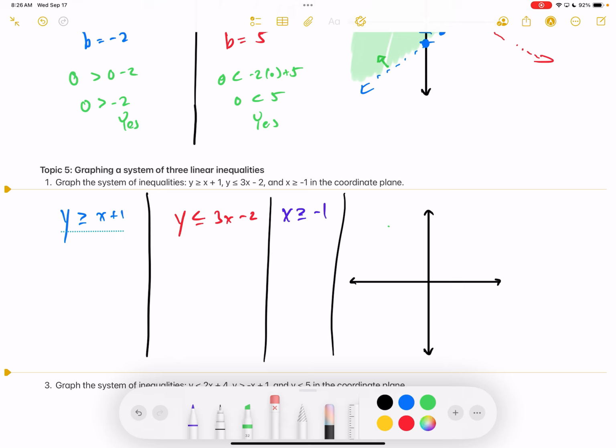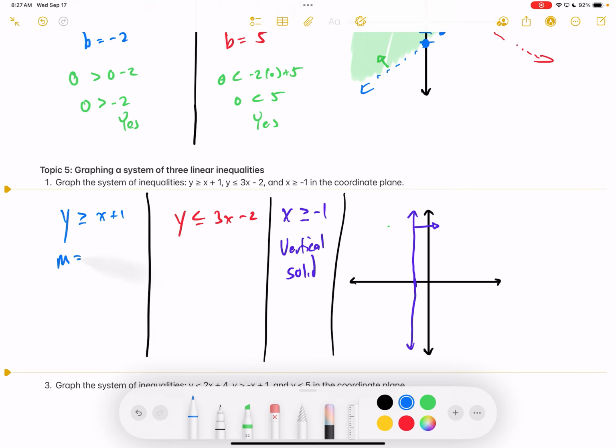A lot of times when you have 3 or 4, they just give you one like this. I'm going to do this one first because it's easy. Remember, this is a vertical line. It's going to be solid. So I go to -1, solid line. And it's greater than, so x gets bigger as it goes this way. Definitely on these, just make a little mark because it gets real confusing if you try to shade 3 of these. So make a little mark to remind myself that I'm going to shade that way.